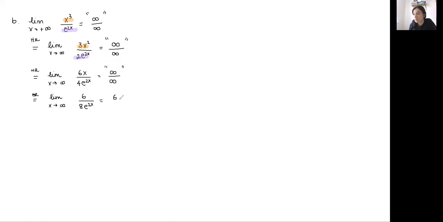And the limit of the denominator is going to be 8 times a very large number, which is going to be a very large number itself. Now, if I'm dividing a constant like 6 by a number that's really, really large, what am I going to get? What is the result going to be?